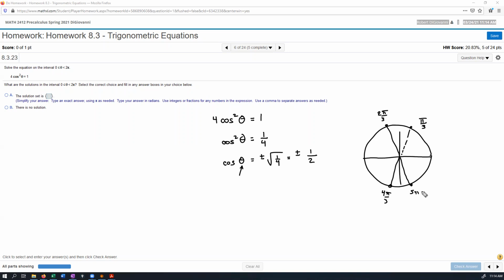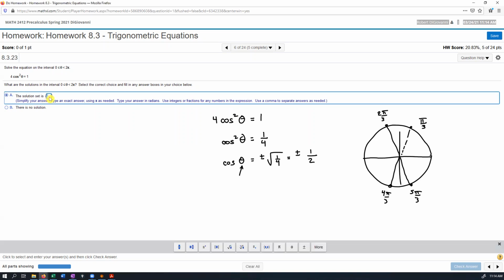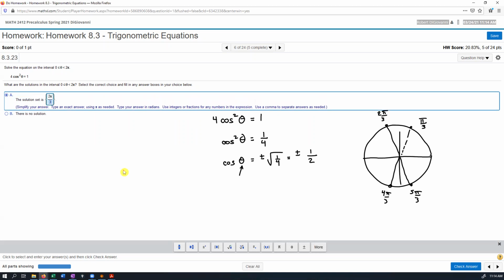This is 5 pi over 3. All right, so pi over 3, 2 pi over 3, 4 pi over 3, 5 pi over 3.